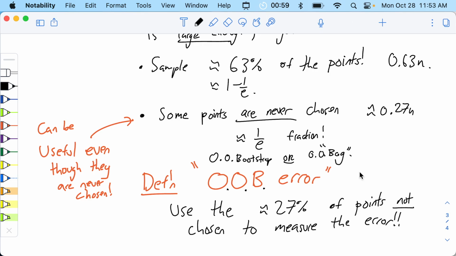Okay. Question here? I was going to ask, how do you identify those 27% of points if you've created like 5 different bootstrap samples? Yes. In every sample, every time you do one, you'll have a different set of points. So every bootstrap sample will have a different test set. This is a little bit different than how you traditionally do things.